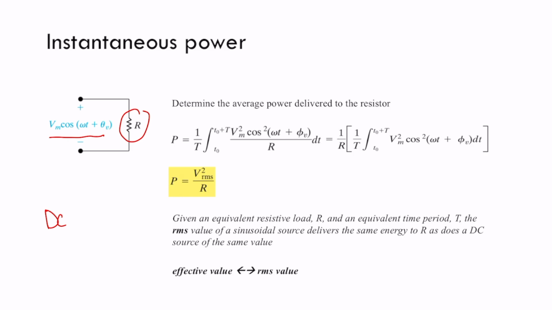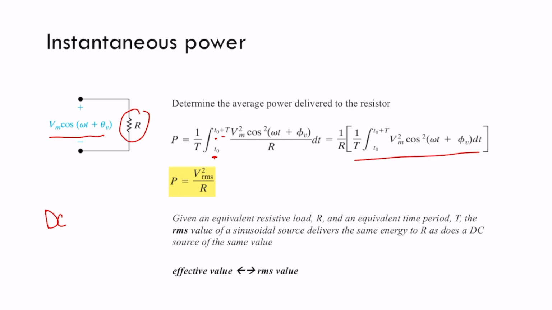This is the integral over one period, 1 over T, going from t0 to t0 plus capital T. If we solve that, we are replacing here this V_RMS, root mean square, squared. So the active power will be V squared divided by R. And if you remember, in DC this looks like one of the formulas that give you the power consumed by a resistor.